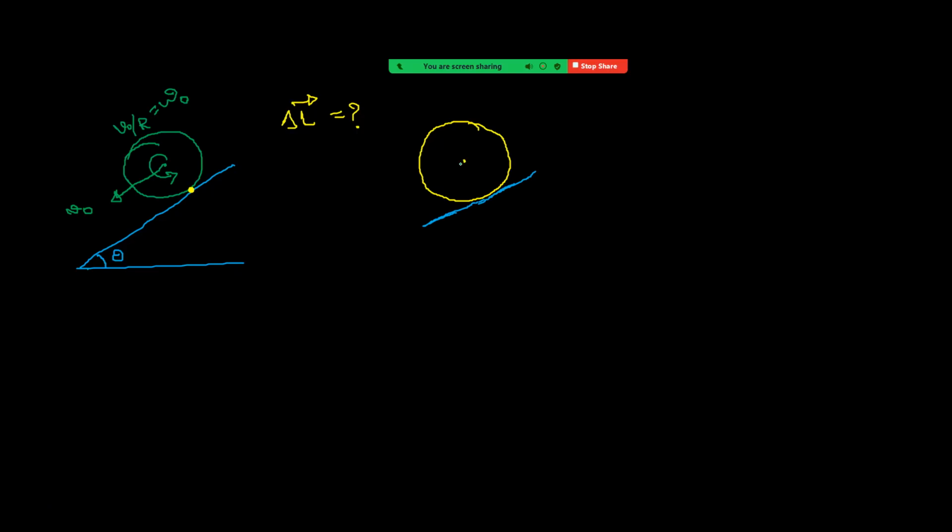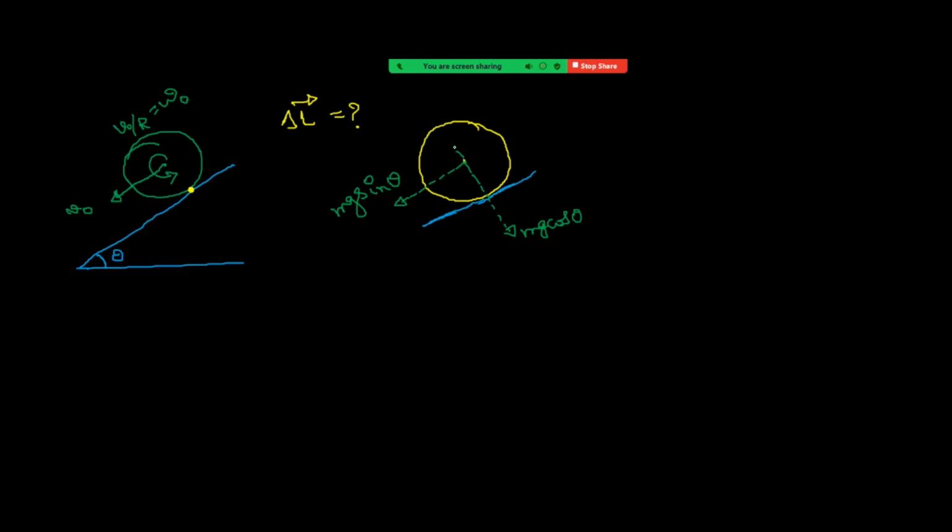I can take two components for mg: parallel to the incline, mg sin theta, and normal to the incline, mg cos theta.